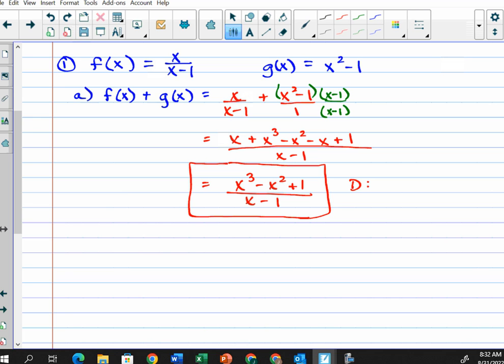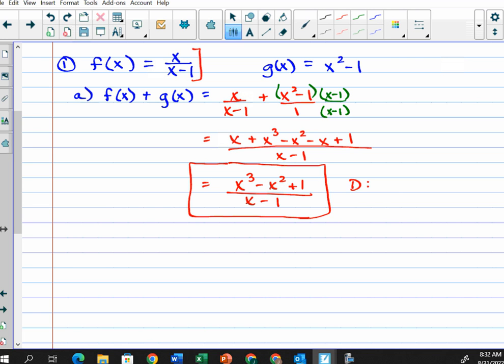Anybody have any thoughts? Is there anything x cannot equal here? Yeah, go ahead. X cannot equal 1. And guys, could we figure that out way up here, like from f of x? Did we know that x could not equal 1? Yeah, so we know that's going to carry into this domain. We can see it again in the answer of the combined functions, but x cannot equal 1.